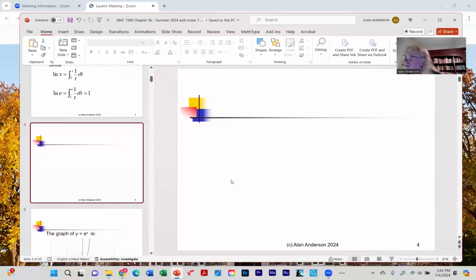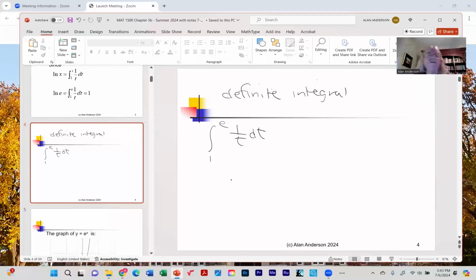All right, so in other words, if you have an integral from 1 to e, this is a definite integral because we're applying this over a specific range of values, from 1 to e, of 1 over t dt.